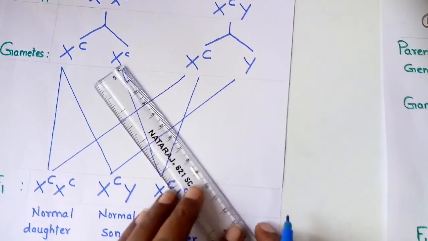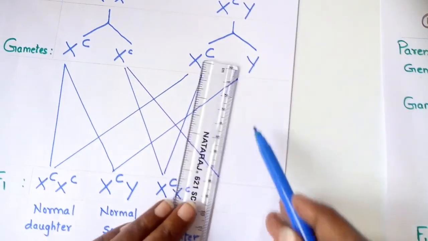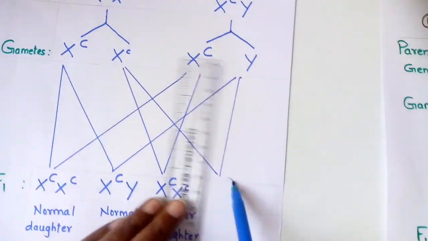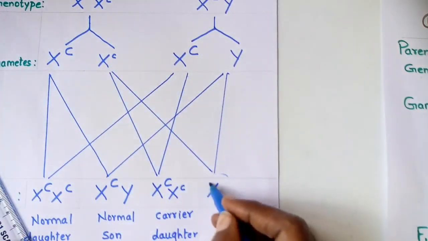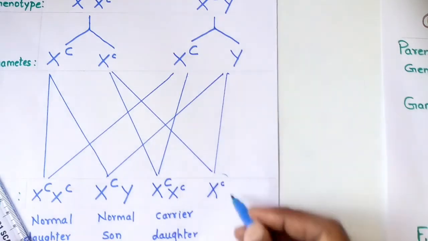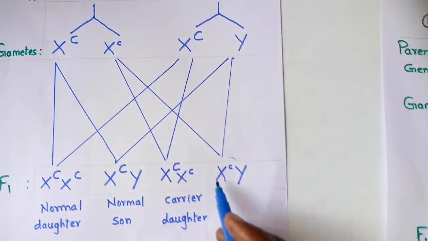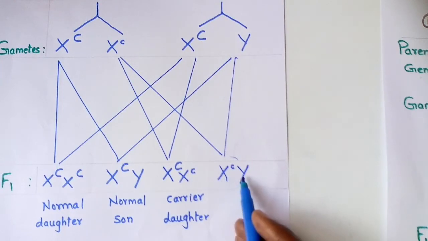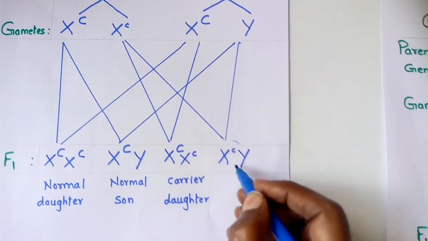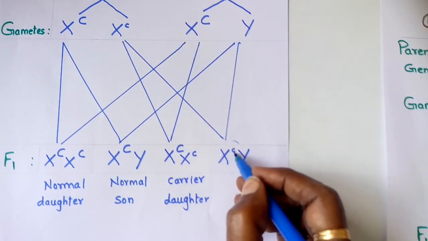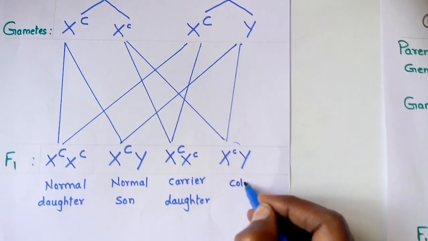Then the last one. This is one gamete, this is the other gamete. It is X small c and the next chromosome is Y chromosome. Since one is X and one is Y, the offspring produced will be a son, but this is a recessive gene and it shows that it is a color blind son.